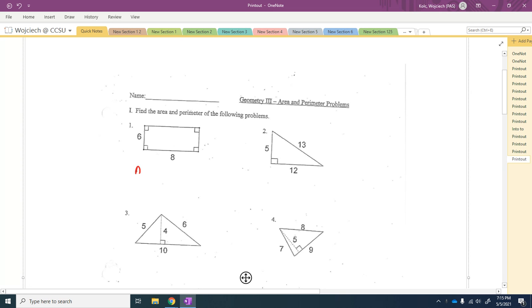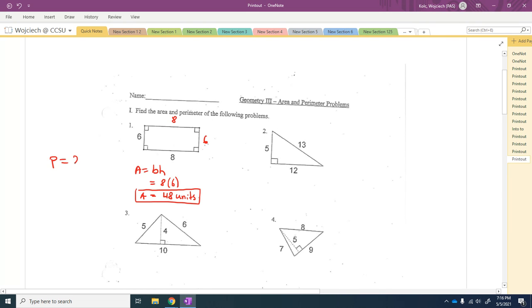So area equals base times height, which would be 8 times 6, which is 48 square units. So the area is equal to 48 square units. Perimeter for this problem will be the distance around the figure. So this is 8 and this is 6.